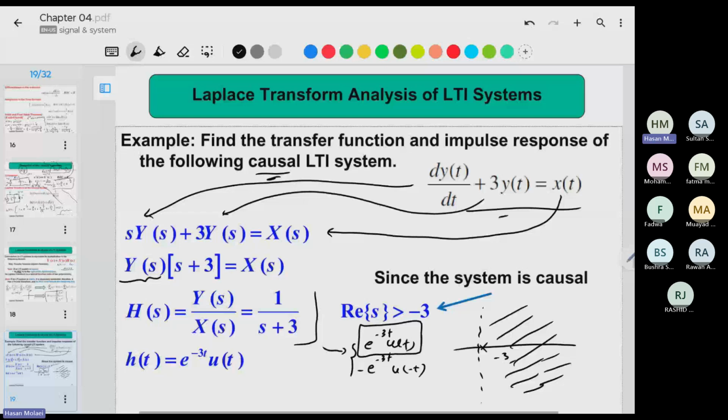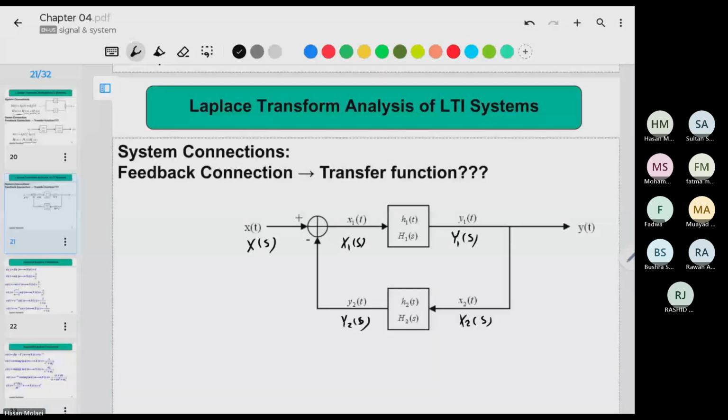I can write here in S domain X(s), here X1(s). That's Y(s), and again this one is Y(s).